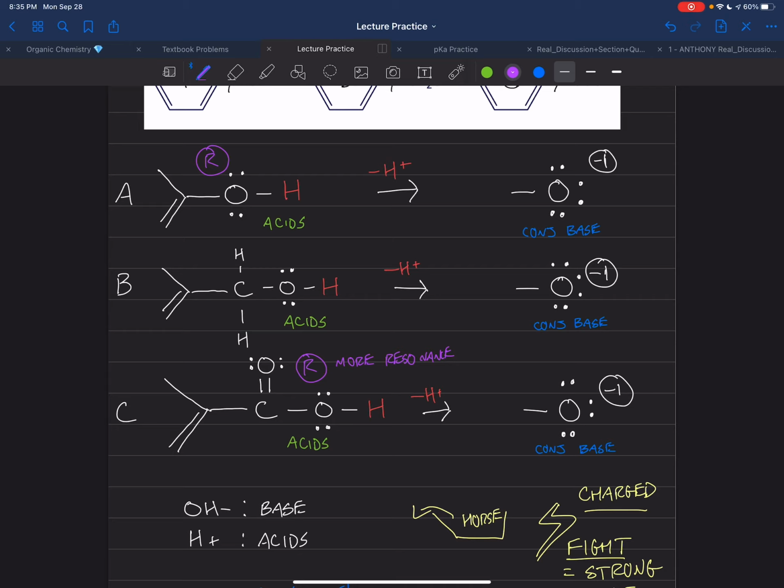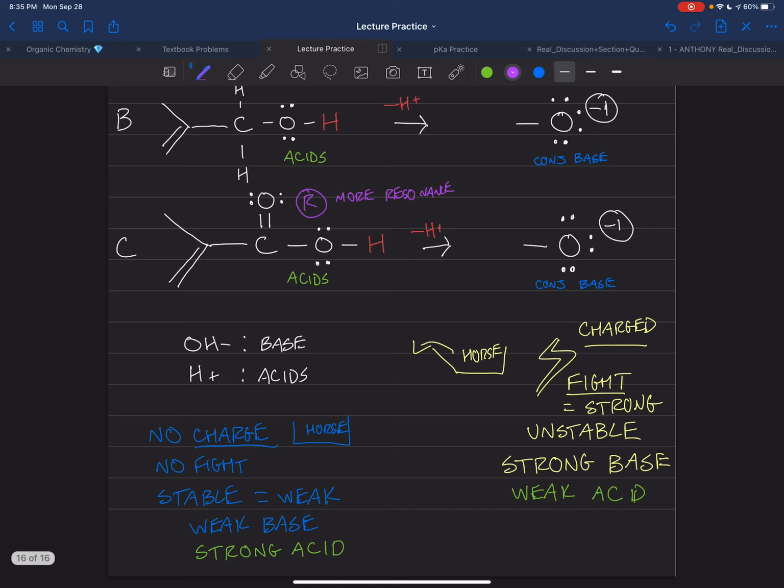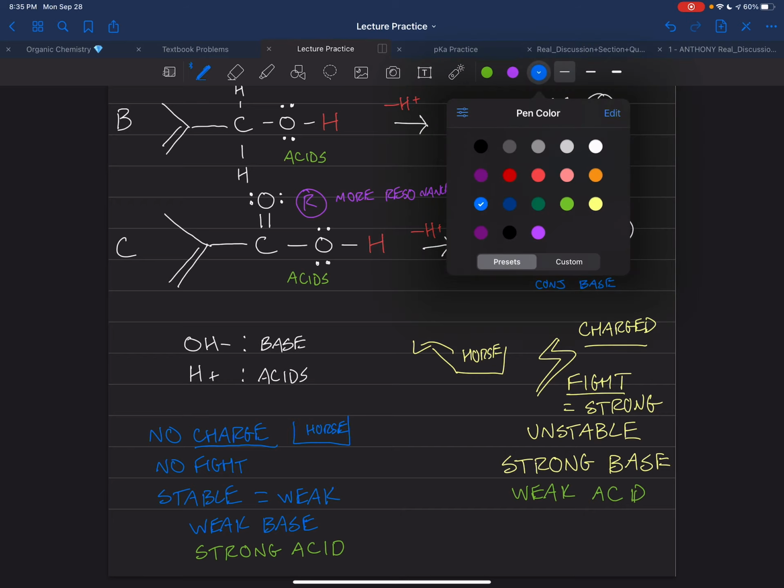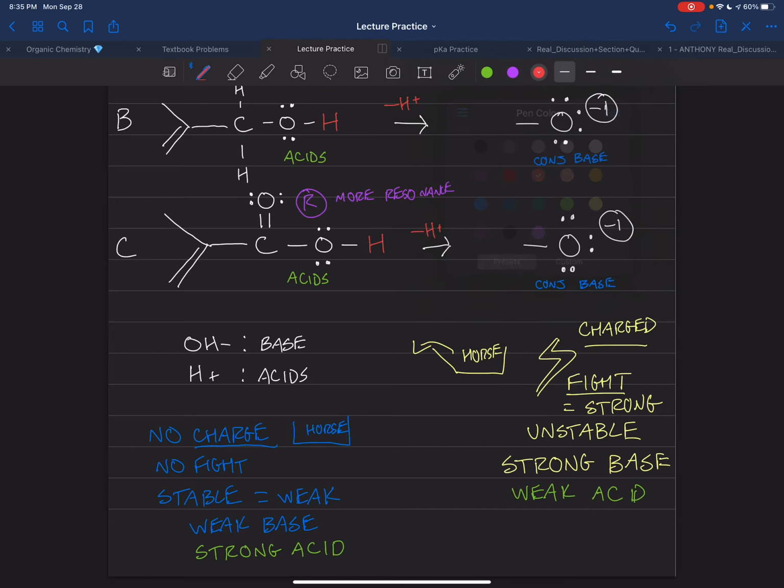Greatly enhanced by electron withdrawing inductive effect, the stability of the conjugate base. So that could also be in line here. Anyway, because there's no resonance happening here, and when I think about resonance, I think about basically a barrier, right? Resonance, you see in these double bonds.